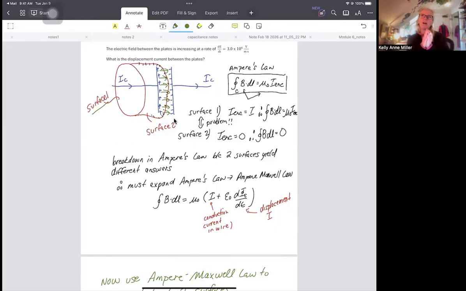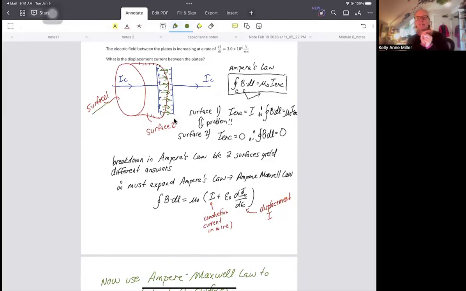Maxwell, by the way: all of the equations that we've been talking about this semester, with the exception of Coulomb's law, like Gauss's law, Ampere's law, Faraday's law, are collectively referred to as Maxwell's equations.